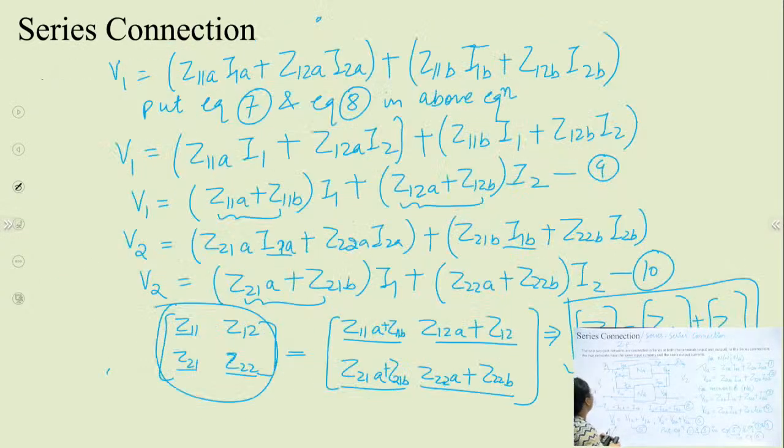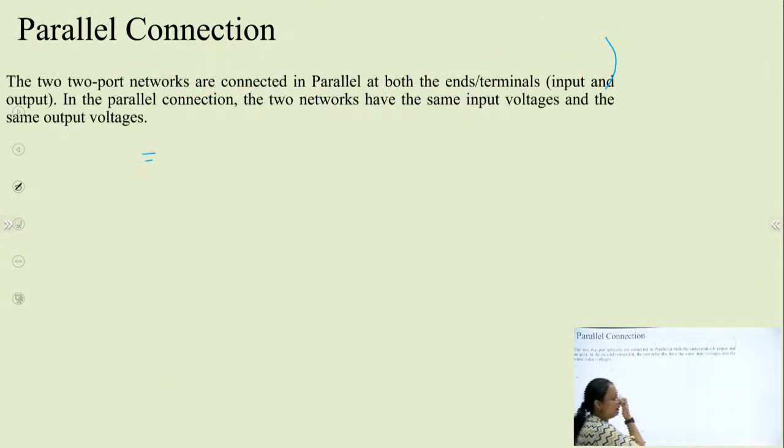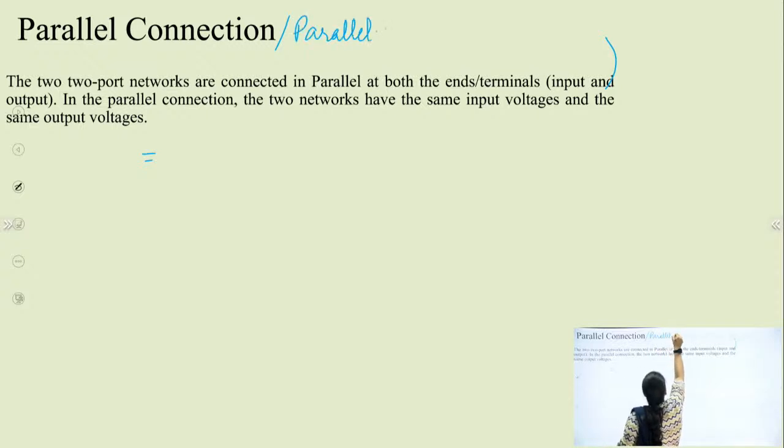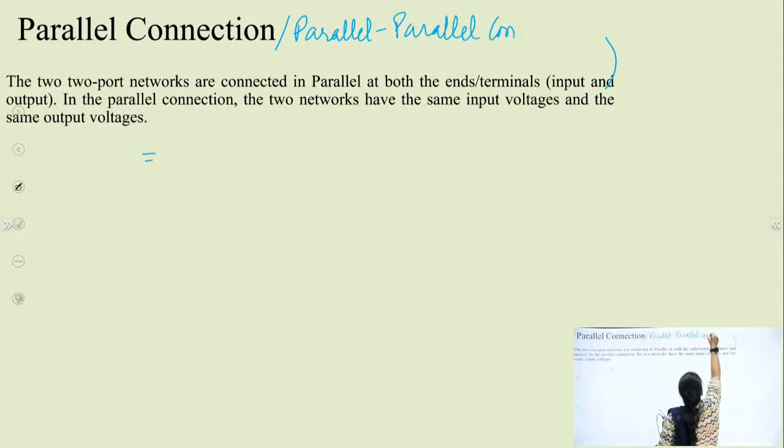Okay, now coming to the parallel connection. Why? Because we are connecting input as well as output in parallel. So you can also call it a parallel connection, and this is the connection for finding out the Y parameters.